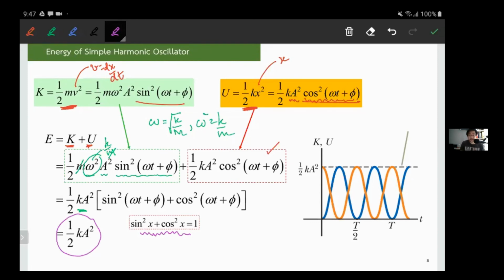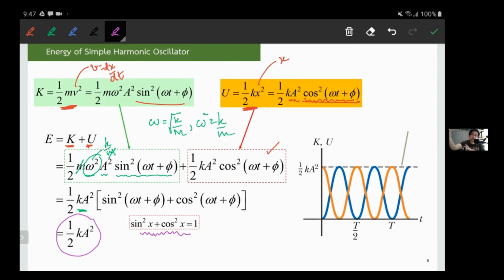It means anytime in your simple harmonic movement, the energy of the system is constant, which makes sense because you are not losing energy whatsoever, right? Energy is the same. It's just conversion between kinetic energy to potential, potential back to kinetic, on and on. So that's why you might have some oscillation between the energy.